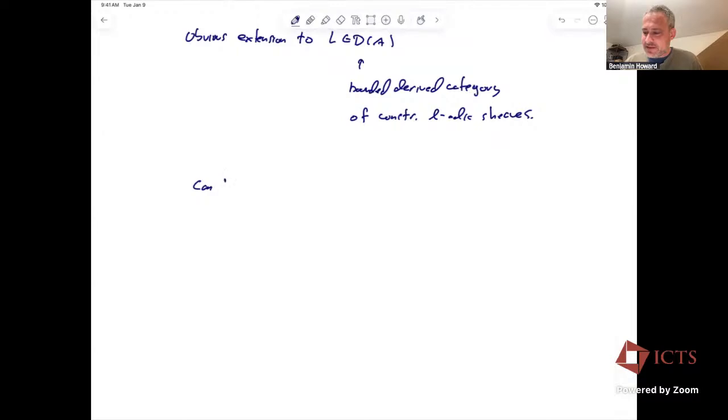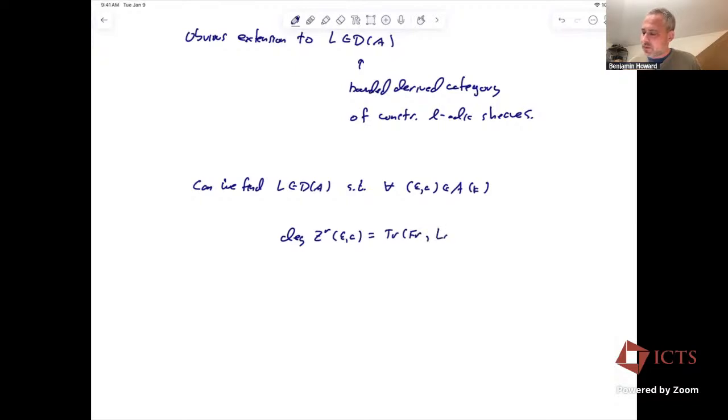So can we find some sheaf such that point by point we get the thing that we want? And the answer is no, but almost. It's a little bit more subtle than that.